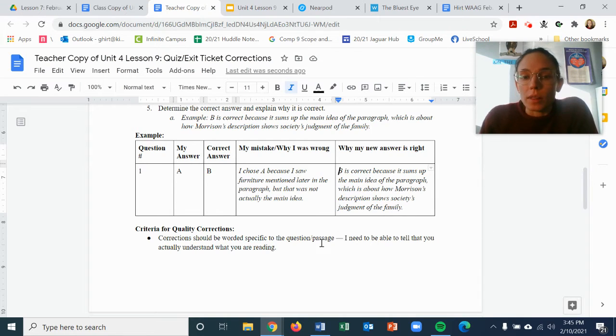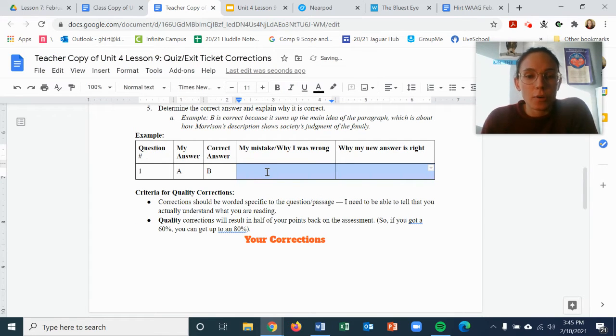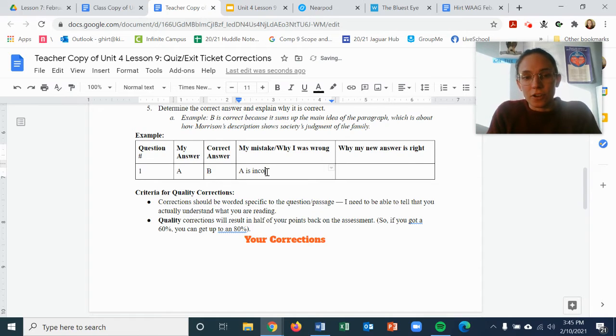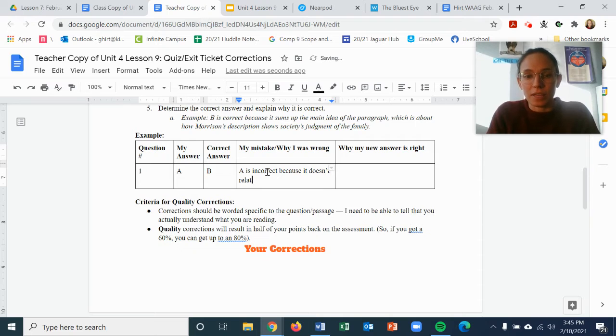Okay, so let's look at a non-example for a correction. Instead of these good quality corrections, what if I just said, A is incorrect because it doesn't relate to the main idea? What's wrong with that answer?